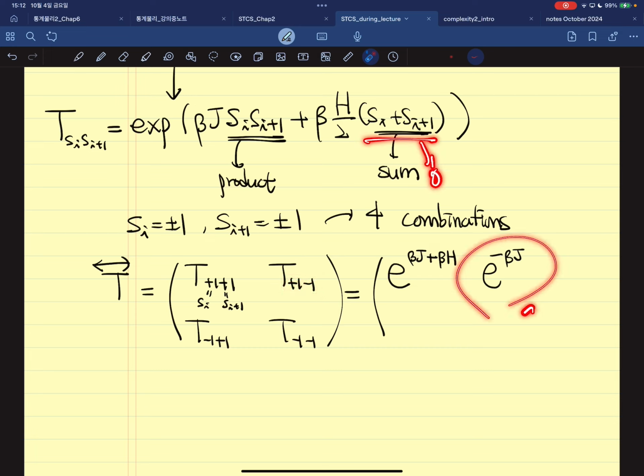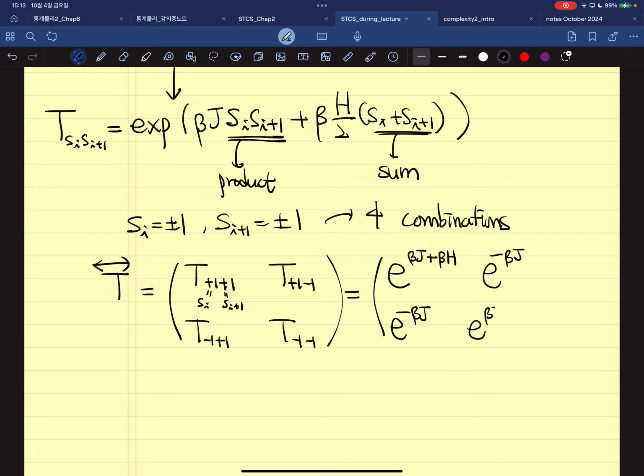So just this one. And in the same way, we can calculate this matrix form. In this case, if both spins have negative value, then this product is positive, but this summation is negative. So we have this one.